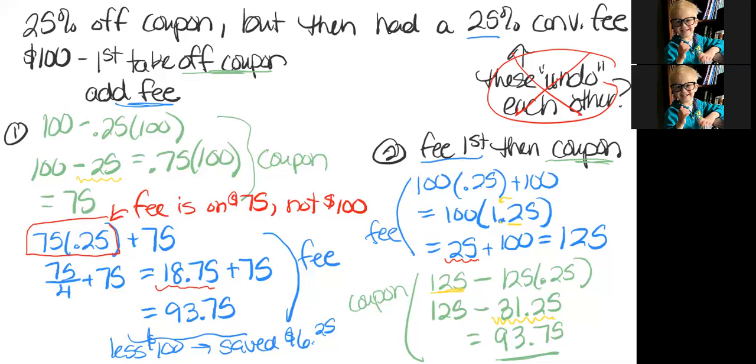Even though they're the same percentages, it doesn't ever bring you back to the original $100, because either the discount is on a bigger number, like here, the discount on 125, because the price increased because of the fee, or in this case, the fee was on the $75 and not the $100. So it was a smaller fee.